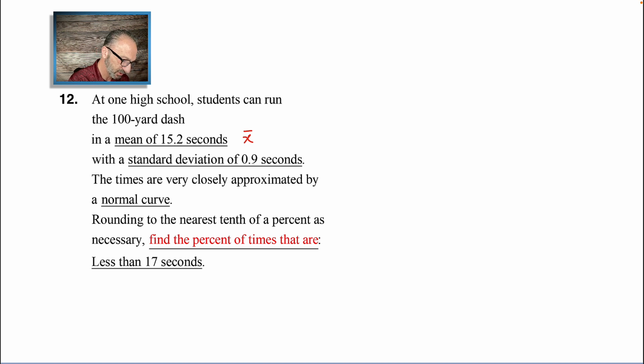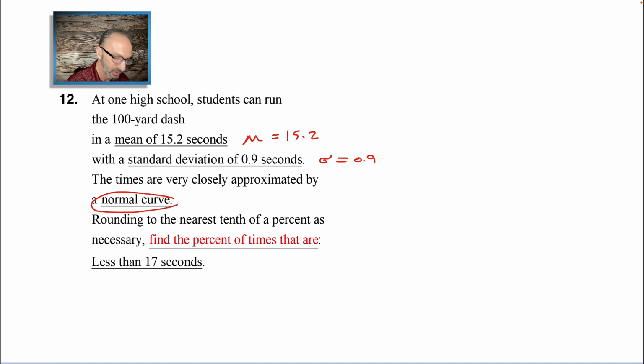I'm gonna go back and change it to mu. So mu is 15.2 seconds. The standard deviation is 0.9 seconds. The times are very closely approximated by a normal curve.